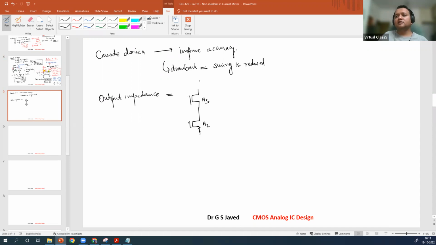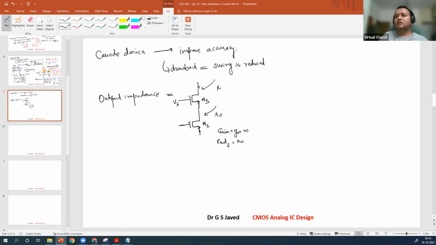Just redrawing the circuit from previous page. So here the impedance will be just Rout, and the gain is gm Rout. r02 is Rout. Now what will happen? The output impedance gets multiplied by the gain of M3.